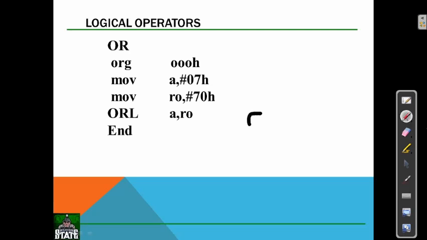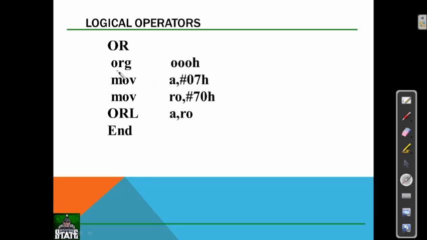If both inputs are low, the output is low. So 0 0 gives 0, 0 1 gives 1, 1 0 gives 1, and 1 1 gives 1. For this we will write our program.